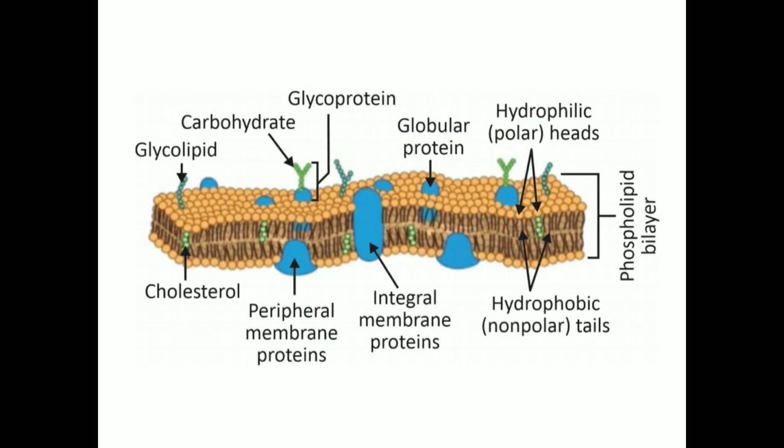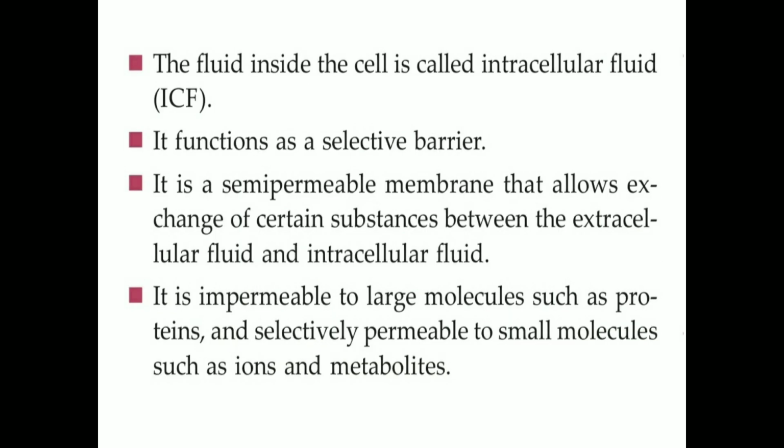So this is the cell membrane. We'll discuss in detail what it is made of and what its functions are. The fluid inside the cell is called intracellular fluid, ICF. The cell membrane acts as a selective barrier which allows selected substances to get into and out of the cell.